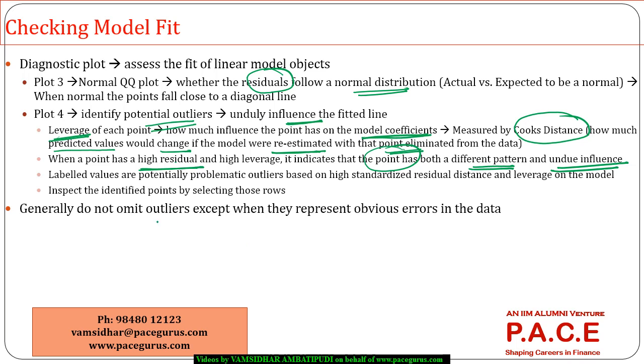But what I generally suggest is do not omit the outliers unless they really are very obvious errors in the data and they are having a very significant influence on our result. We don't need to really omit the outliers. So we can very well work this way and try to understand any kind of simple linear models that are coming out in our data.